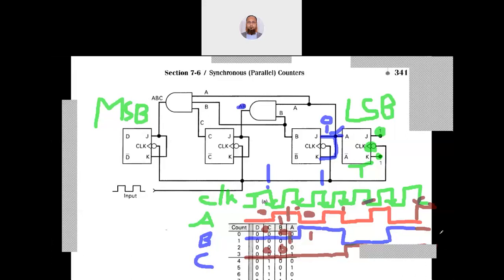Here I have run short of space. I could have taken more place from the left side. So if you don't mind, I can continue the waveform from here. Let's see, the clock is here. After this point, suppose the clock starts from here.